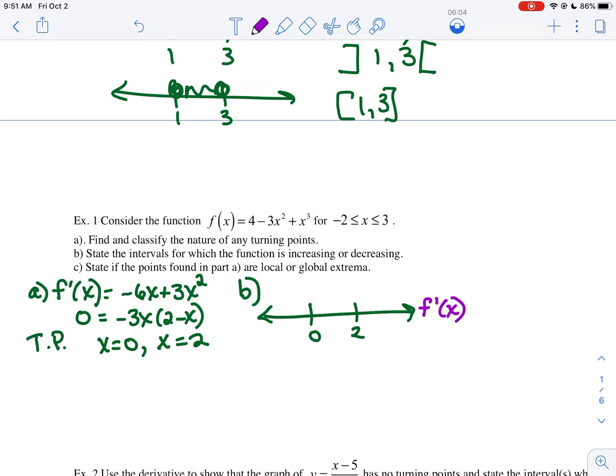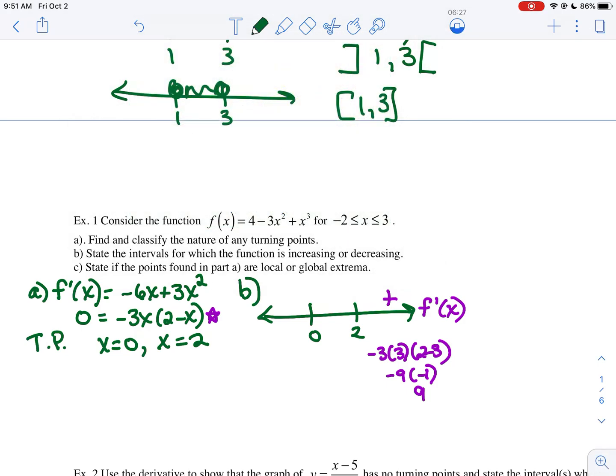So watch what I'm going to do. I'm going to pick, say, positive 3. So I'm going to plug in positive 3 into this derivative. So it's negative 9 times negative 1. That's a positive output.